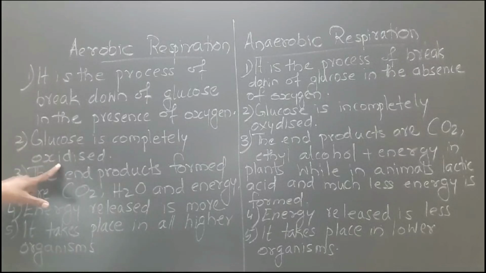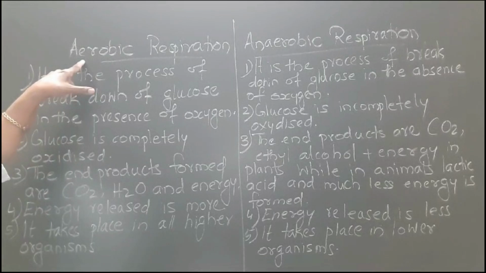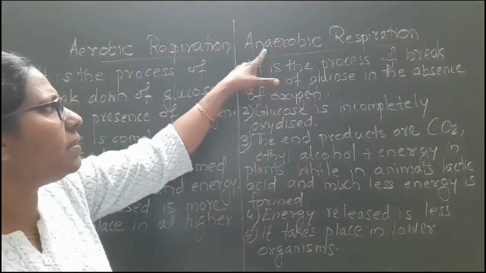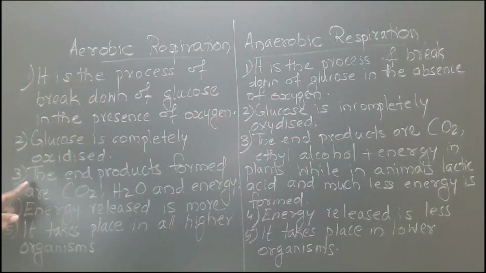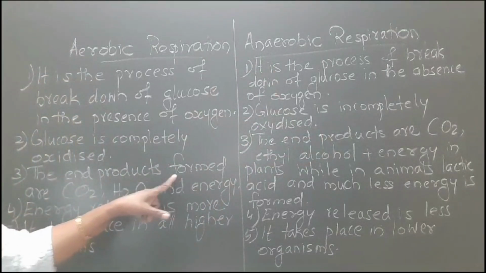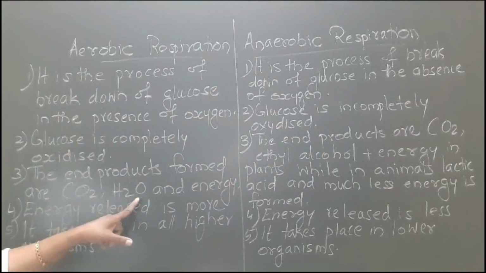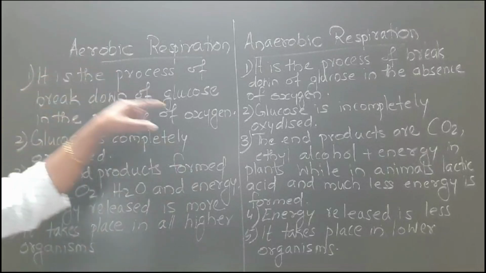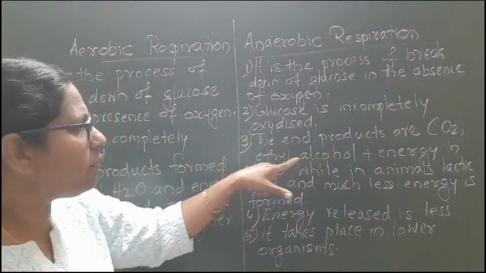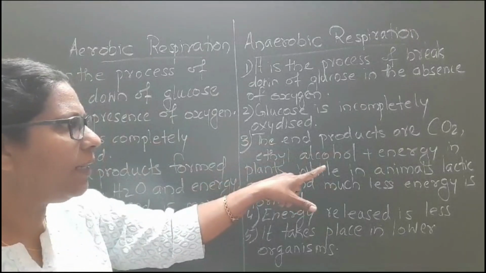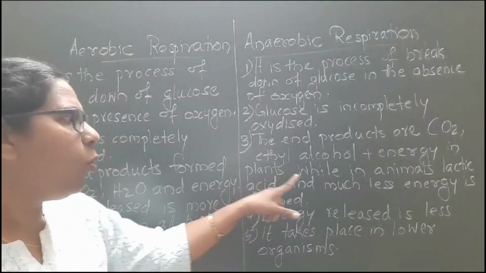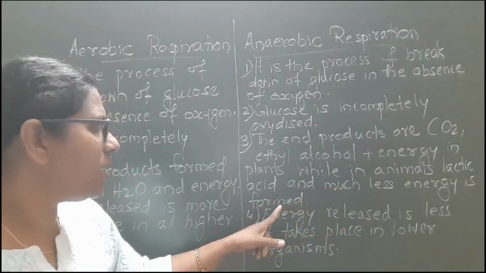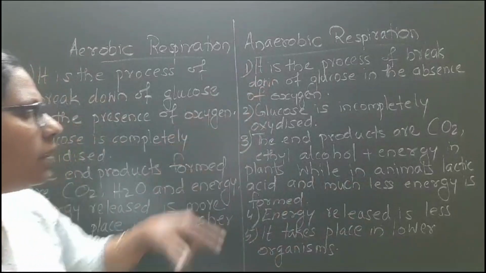Glucose is completely oxidized in aerobic respiration. Glucose is incompletely oxidized in anaerobic respiration. The end products in aerobic respiration are carbon dioxide, water and energy. In anaerobic respiration, the end products are carbon dioxide, ethyl alcohol and energy in plants, while in animals lactic acid and much less energy are formed.